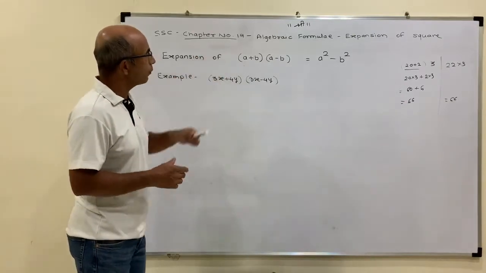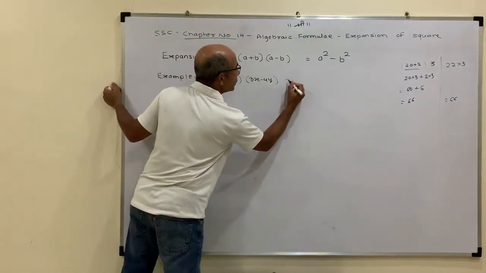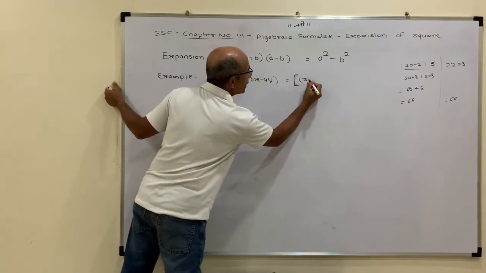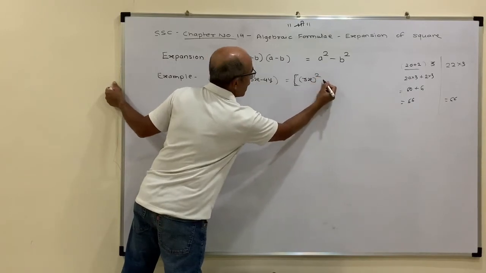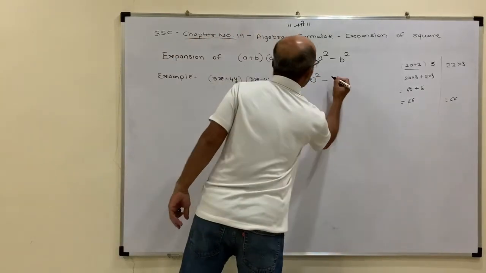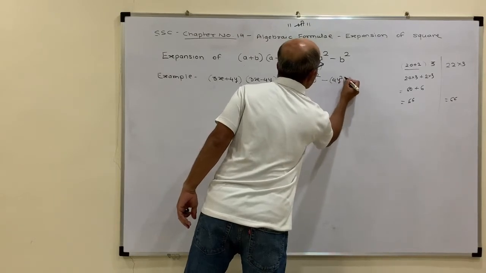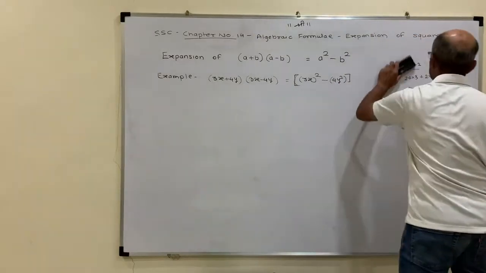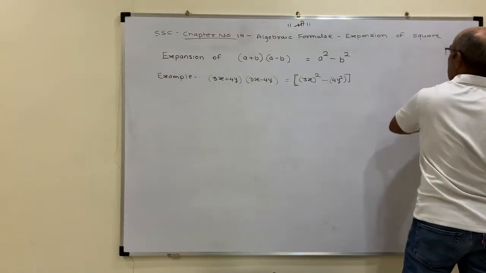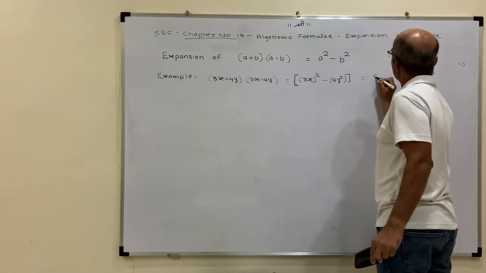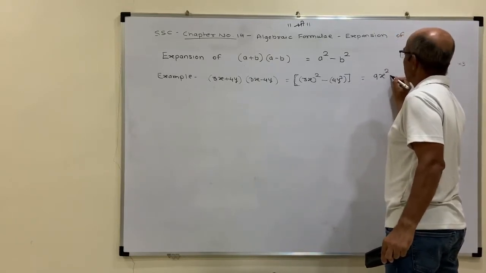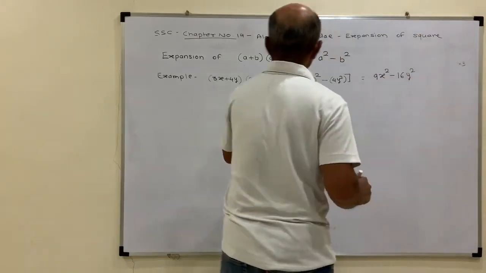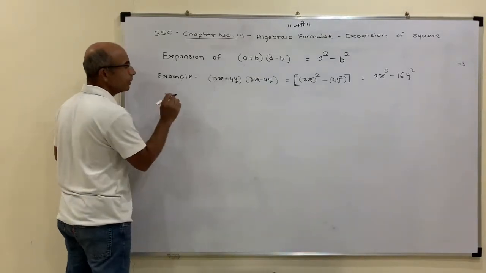According to this formula, the result should be (3x) square minus (4y) square, that is equal to 9x square minus 16y square. Now we'll confirm this by doing an actual multiplication.